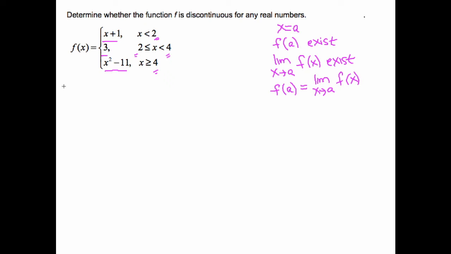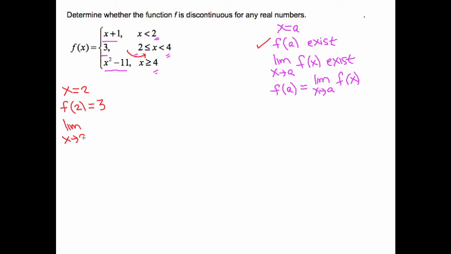So the first boundary point we'll explore is at x equals 2. We're going to ask, does f of 2 exist? Well, because of this inequality symbol, I know that when x equals 2, I'll use the middle function, and f of 2 is 3. So yes, f of 2 does exist. Let's take a look at the limit as x approaches 2 of this function. I'll start by looking at the left-hand limit.